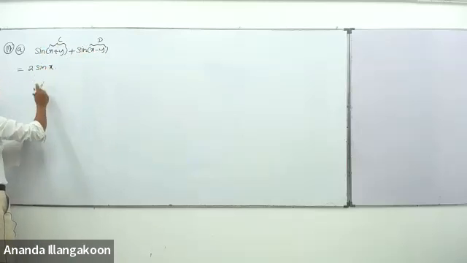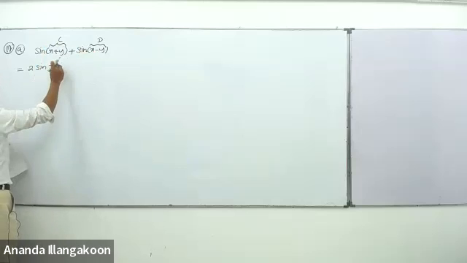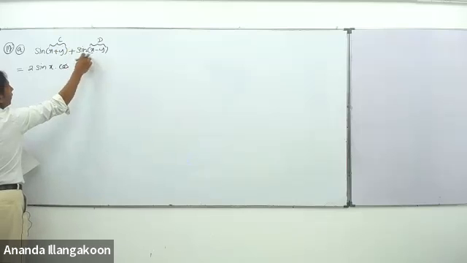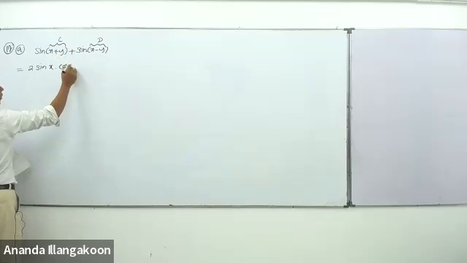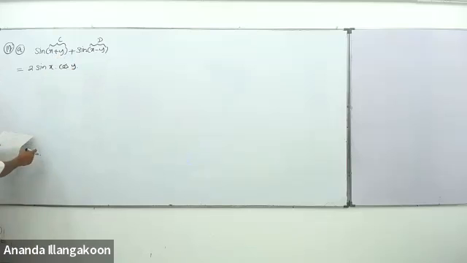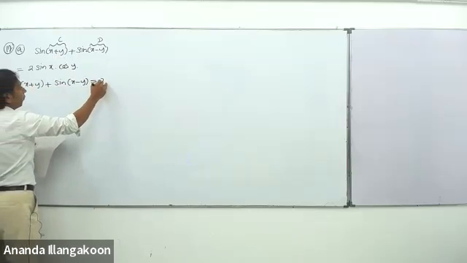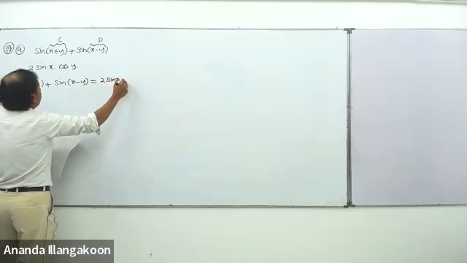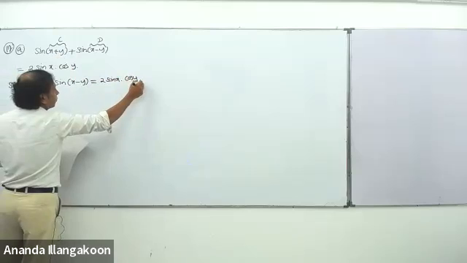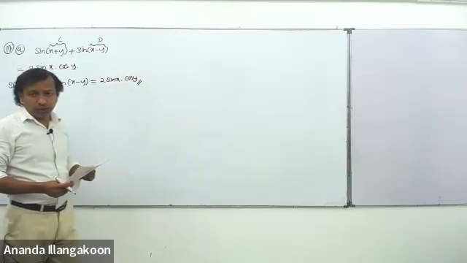X, no? Next one, cos c minus d divided by 2. X we cancel off y. Then we get sin x plus y plus sin x minus y is equal to 2 sin x cos y. First part we proved. Correct, no?